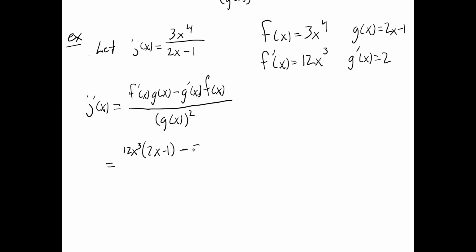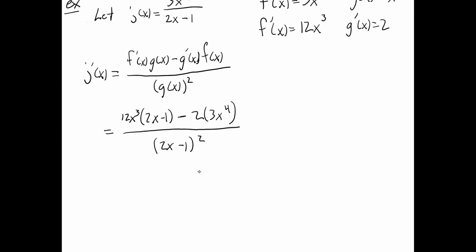Minus g prime of x, which is 2, times f of x, which is 3x to the fourth. And then our denominator is 2x minus 1 squared. Now we want to distribute and simplify everything that we can.